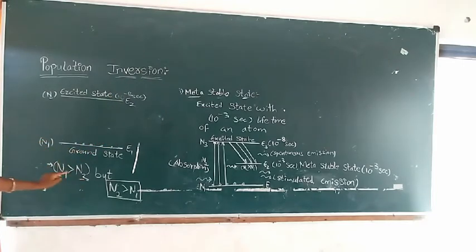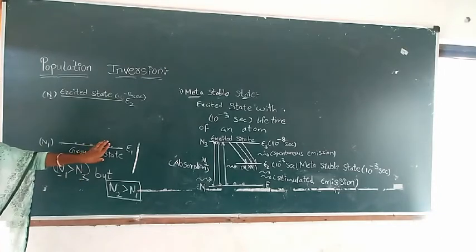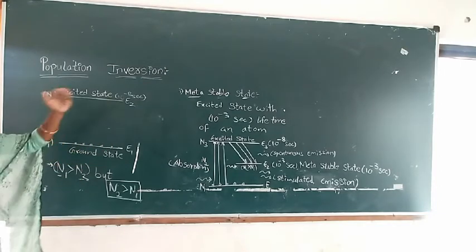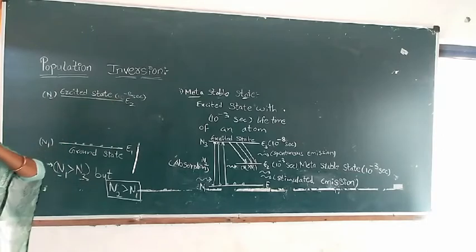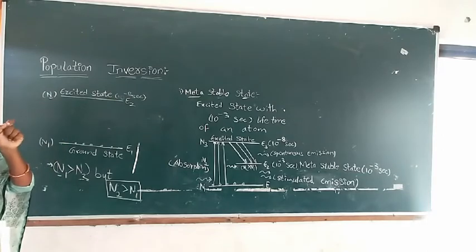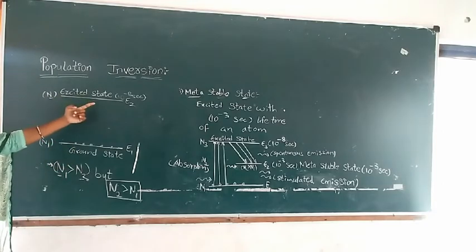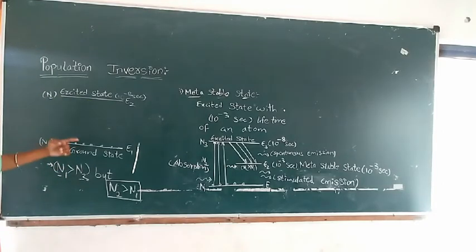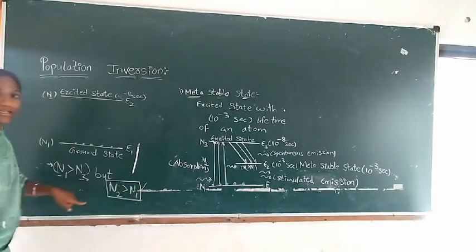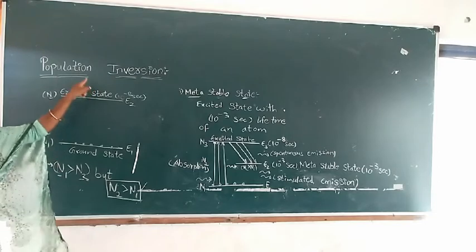Already we know that N1 is greater than N2. That is, the number of atoms in the ground state is more than in the excited state. But to work on the principle of a laser, the population should be inverse. So, what is population inversion?